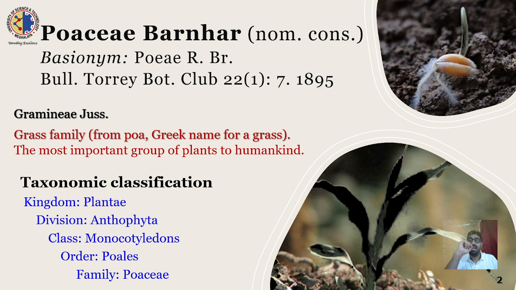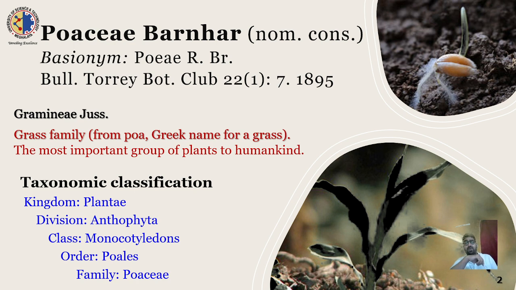What is ICN? ICN is the International Code of Nomenclature for Algae, Fungi and Plants. Before, it was called ICBN. In ICN there are 6 principles, and one of the principles is that every taxon from the rank of family to lower ranks should have a single accepted name.